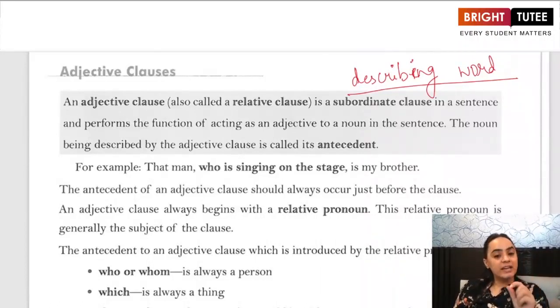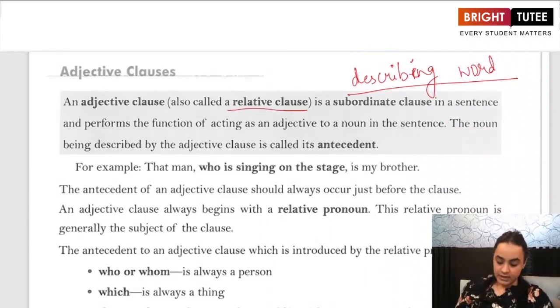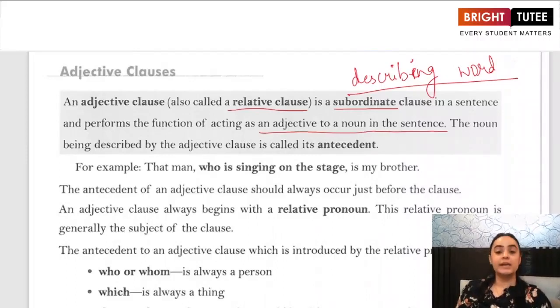Now an adjective clause, which is also known as a relative clause, is a subordinate clause in a sentence and it performs the function of an adjective to a noun in the sentence. We all know that a describing word can describe a person, a place, an animal, a thing.